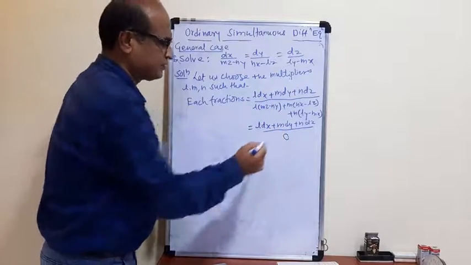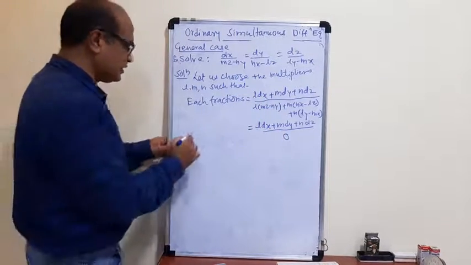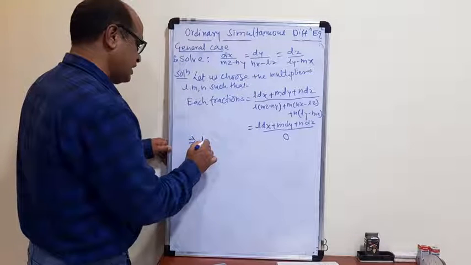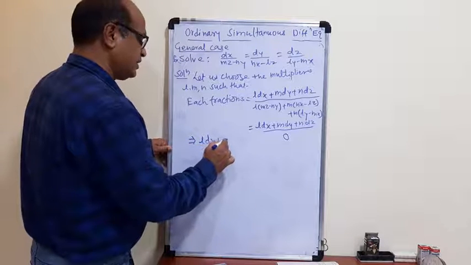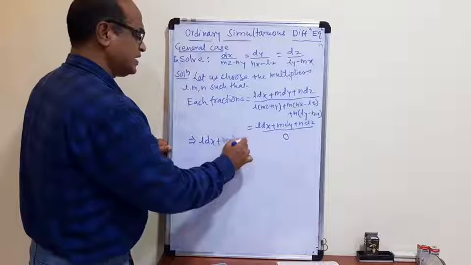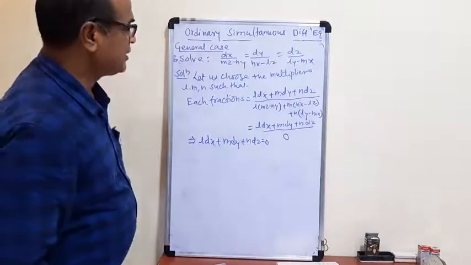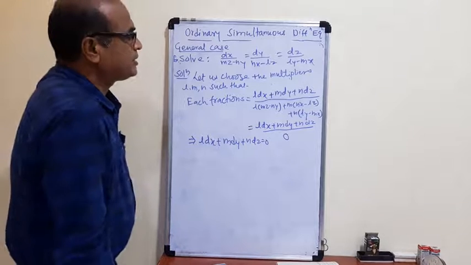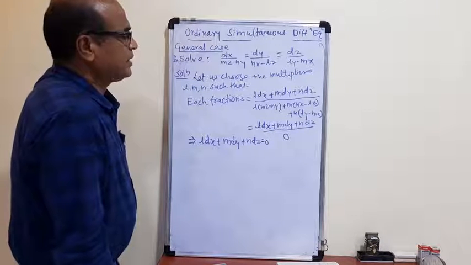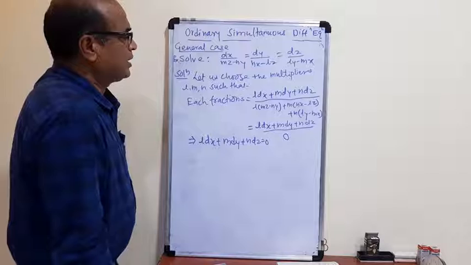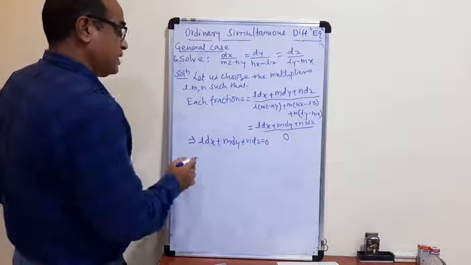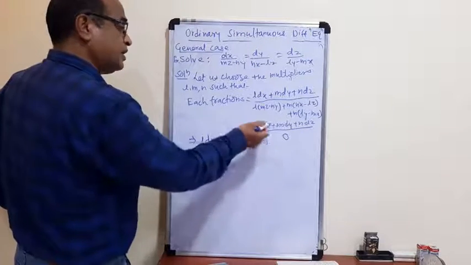So the denominator is equal to 0. This implies that L dx plus M dy plus N dz is equal to 0, by using the theory. So this is a very simple one. If this is 0, then this is equal to 0.